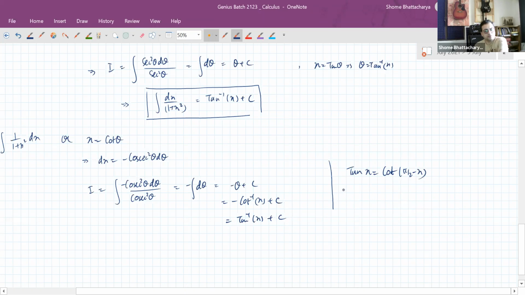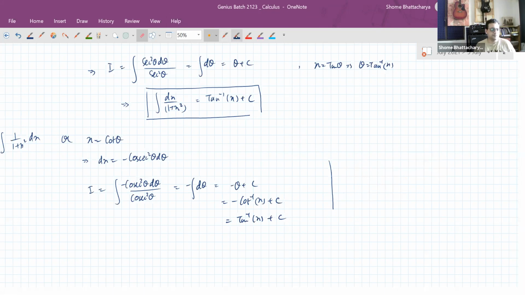Okay. So therefore, suppose this is theta. So that means x is equal to. Anyway, so there is a way of proving this trigonometrically. I'll just come back to that.